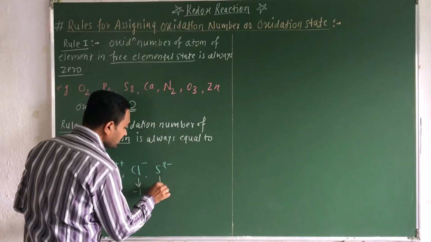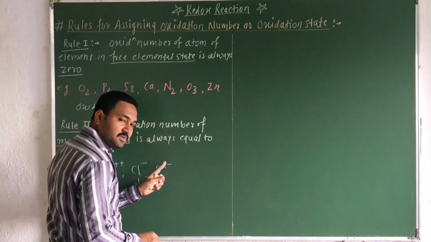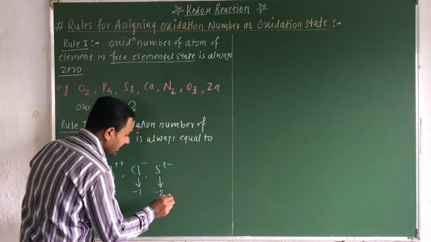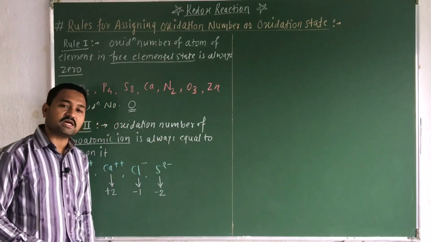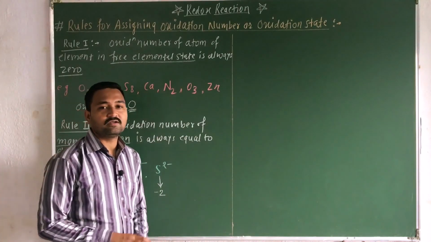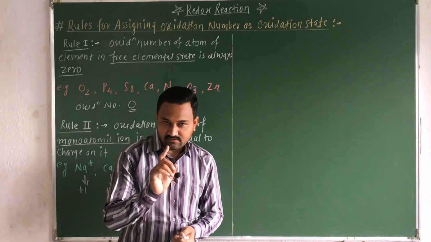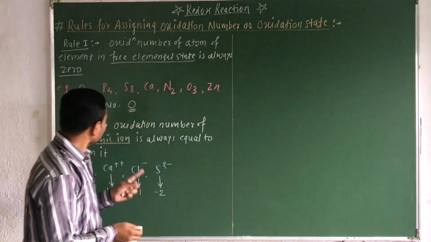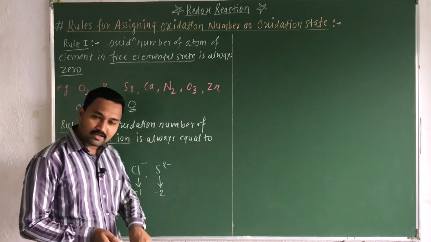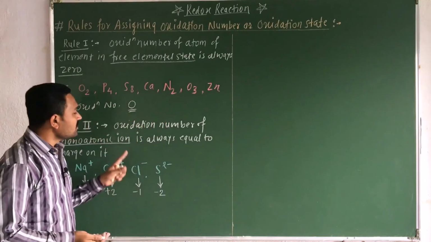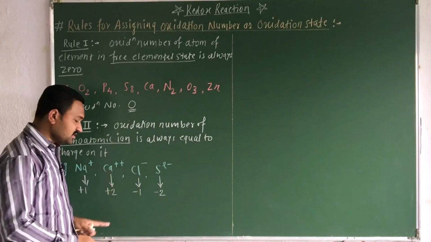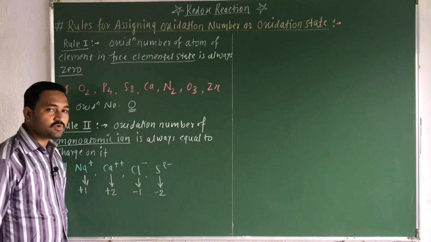Then sulfur, here the oxidation number will be -2, as it has a -2 charge. So this is a very simple rule. Monoatomic species, if they have a charge, we call an ion. An ion will have either a positive or a negative charge, and whatever charge is present on the ion is nothing but its oxidation number.